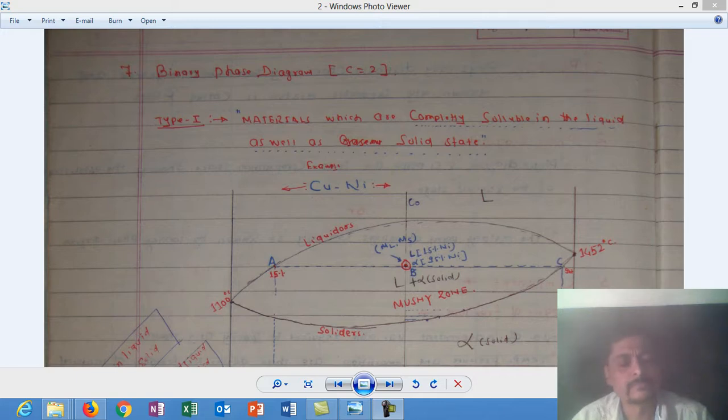Basically, binary phase diagrams are classified into 3 different types. In the first type, the materials are completely soluble in liquid as well as solid states.